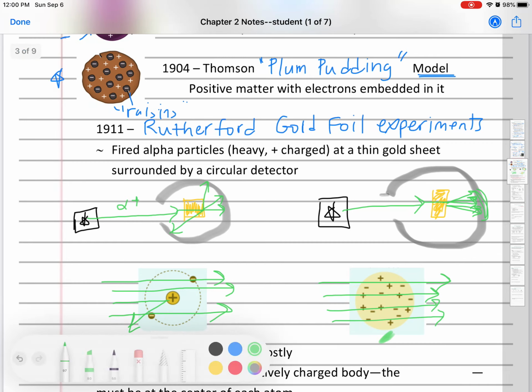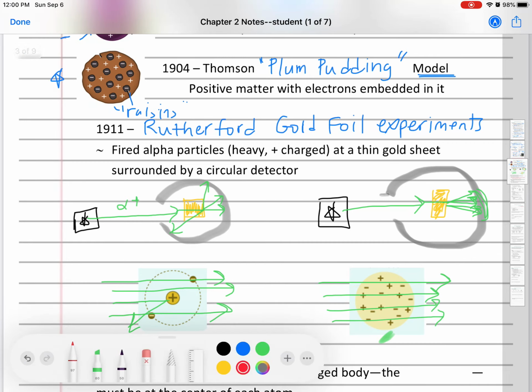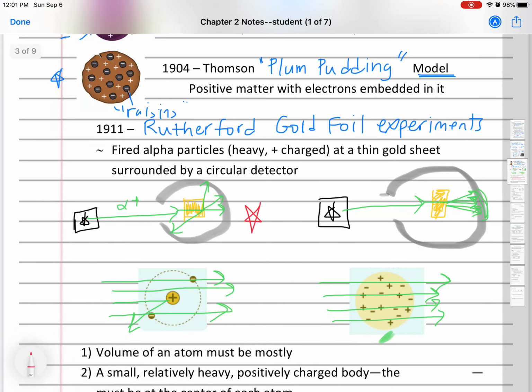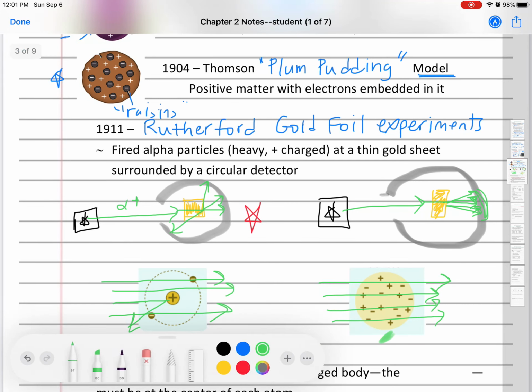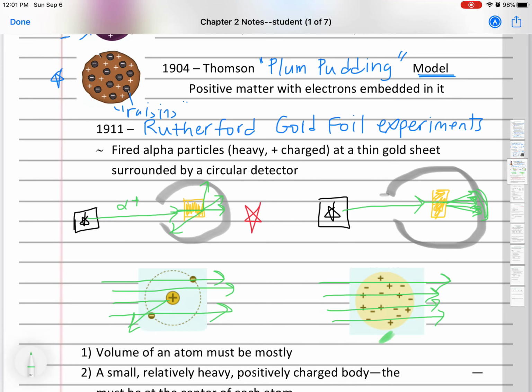And so what Rutherford found was that this was actually what happened: most of the alpha particles went straight through, but occasionally you'd have one that would bounce quite a bit.